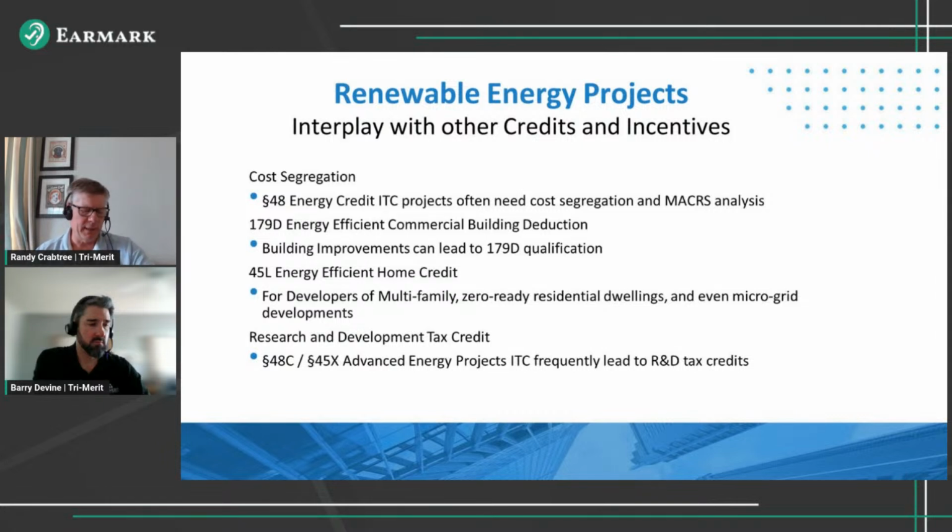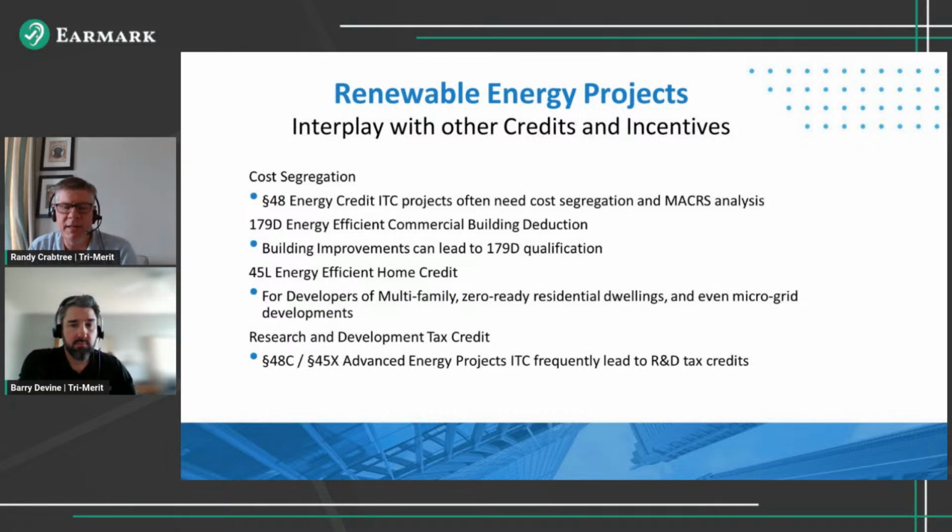Anything, we expanded on that before, but anything that we're doing that is going to make our building more energy efficient could potentially qualify. 45L is a credit for developers of energy efficient residential homes, but when we have mixed use property, that can interplay with the credit again. Maybe we're generating power in our mixed use property as well.